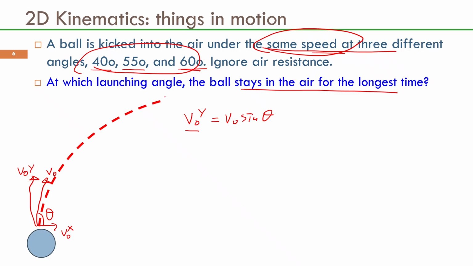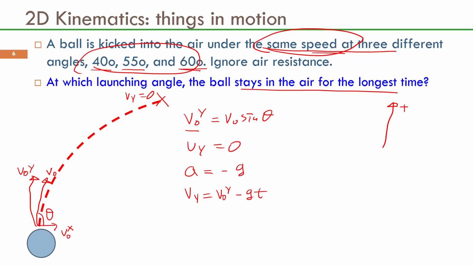I also know that at the peak, my vertical velocity is 0. So Vy equals 0. If I consider going up as my positive direction, my acceleration would be minus g. Then if I use this kinematic equation, Vy equals V0y minus gt, I can find out the time.